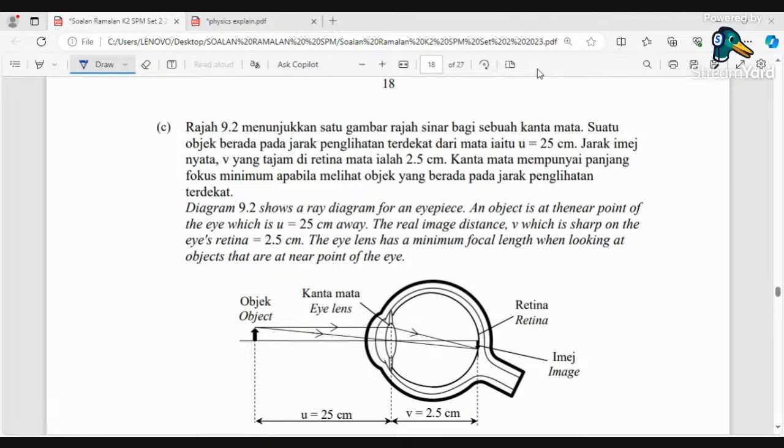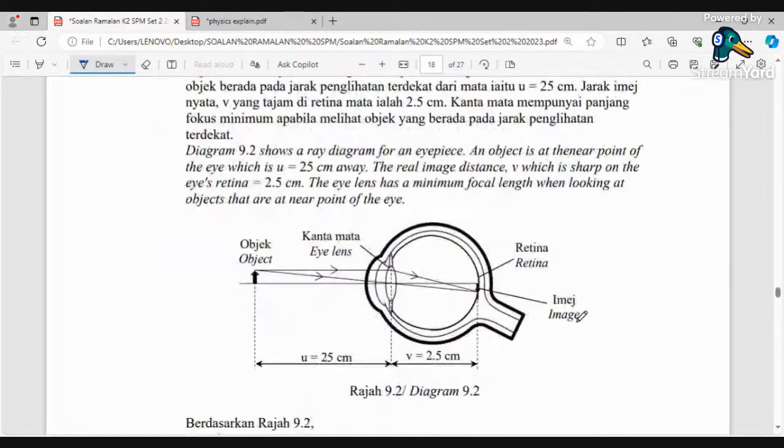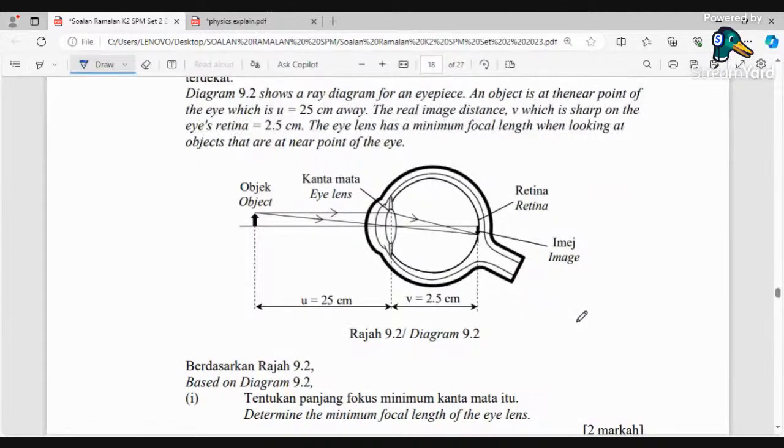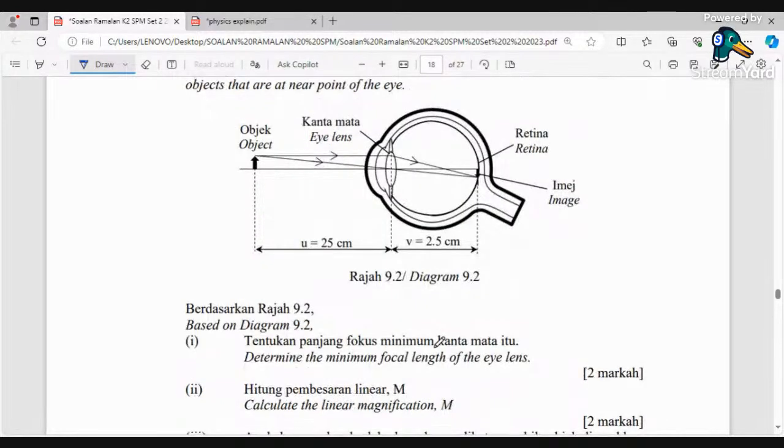You can see the convex lens, the object, the object distance, and the image formed at the retina. So this is the image distance. The question based on diagram 9.2: determine the minimum focal length of the eye lens.